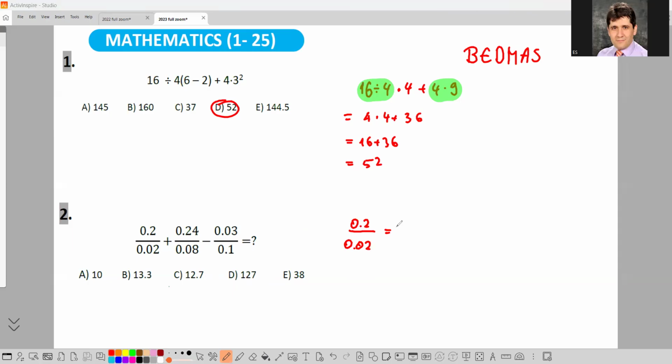Now, because you want to finish it faster, I want to multiply this fraction by 100 and this fraction by 100. Why? To get a natural number in the denominator. So I get 20 over 2. That's just 10.